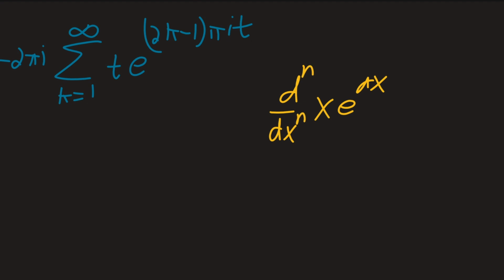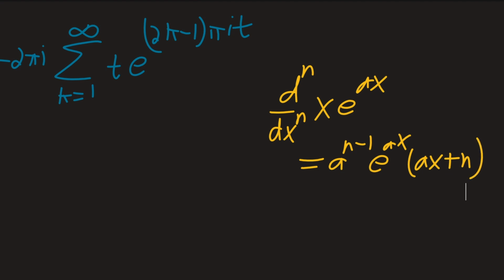And what I did in my last video, and I didn't want to prove this in this video, I wanted it to be a little bit shorter, that's why I did a separate video. That's called a plug. But anyways, we know from the last video that the nth derivative here is nothing but a to the n minus 1 times e to the ax, but then times ax plus n. And we can just apply that here, really.